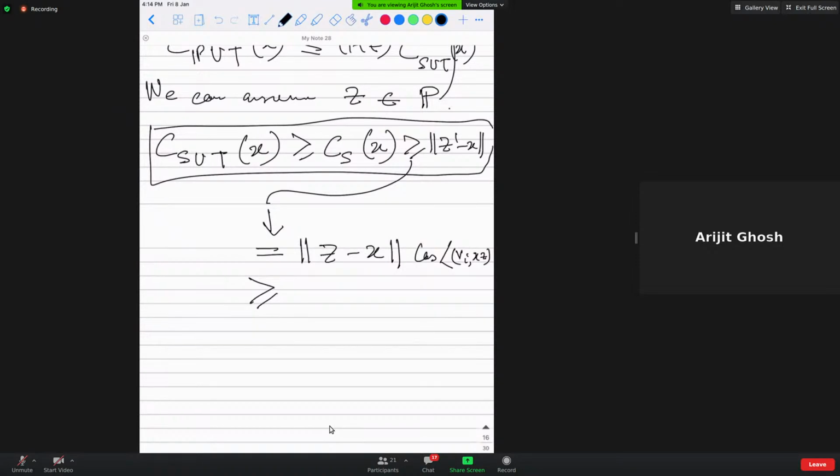So this angle is obviously less than or equal to square root epsilon, because I have taken a square root epsilon net, right? So I can write this, and then we use the fact that bigger projection is.